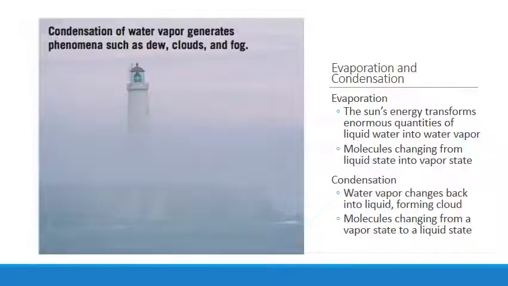Latent heat plays an important role in many atmospheric processes, and in particular, when water vapor condenses to form cloud droplets, latent heat is released. That warms the surrounding air and gives it buoyancy.